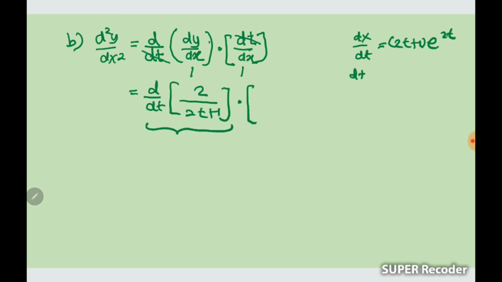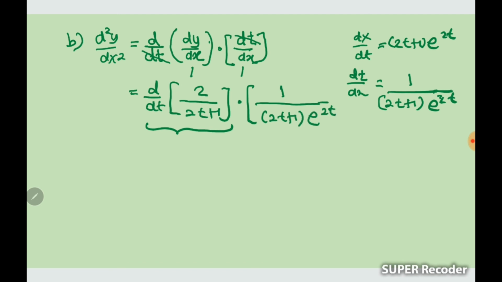So dt/dx is 1 over (2t plus 1) multiplied with e to the power of 2t. I will substitute dt/dx by this, in brackets.